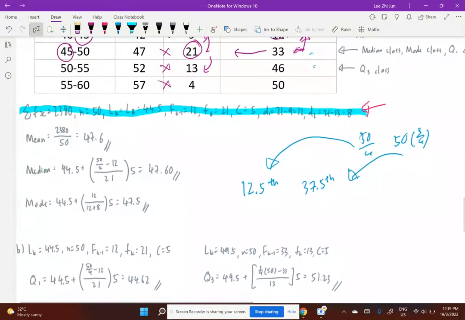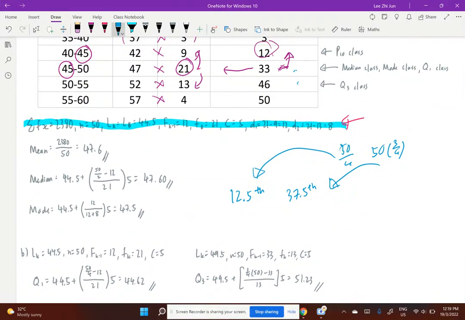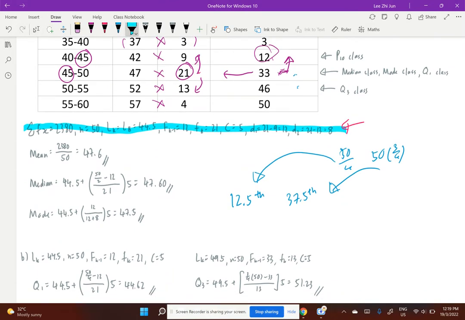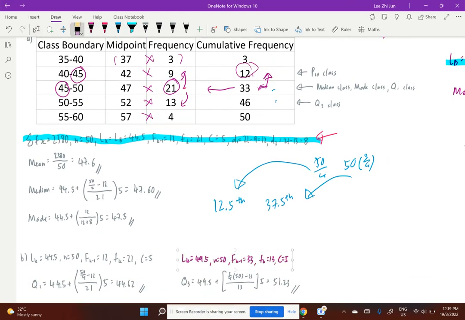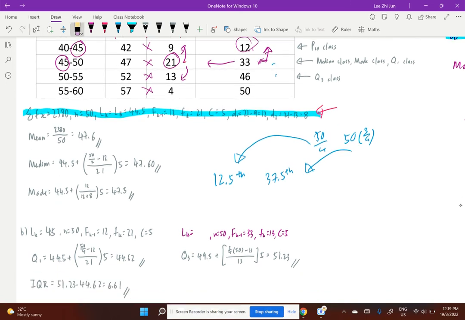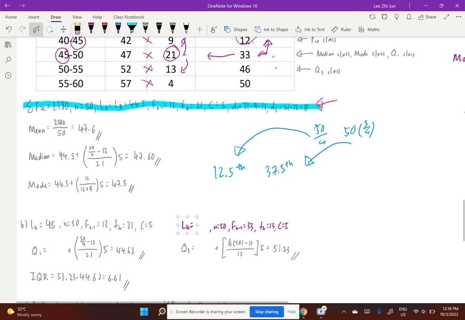So for me, I have found all this. LK equals, let me rewrite it, 45, because I can just take the 45 here.